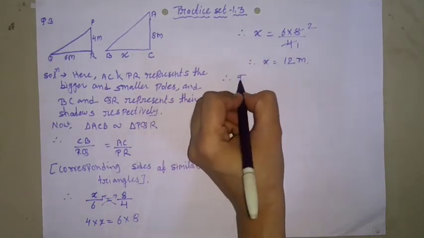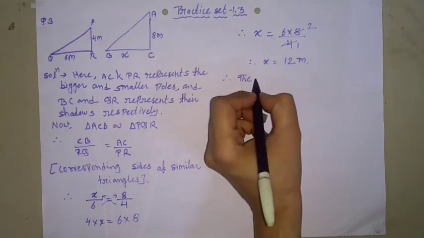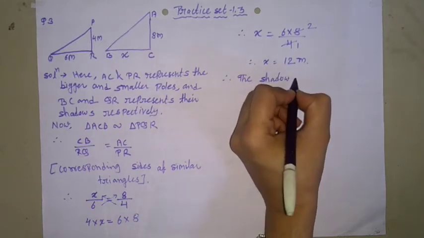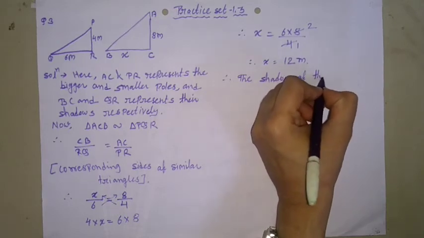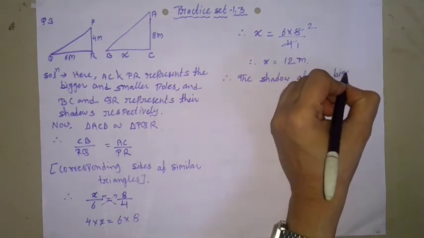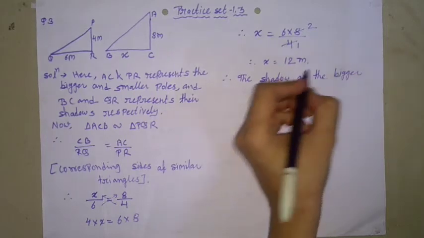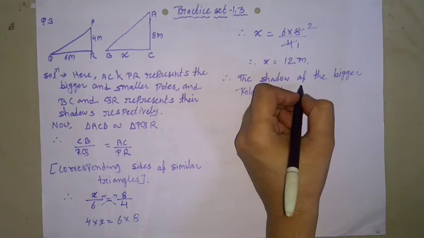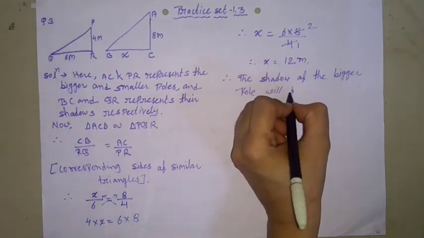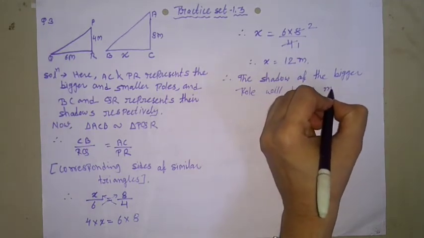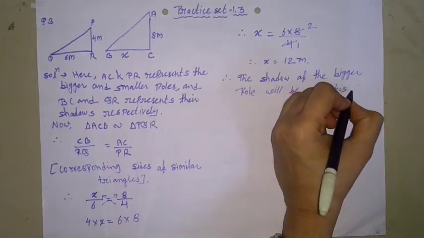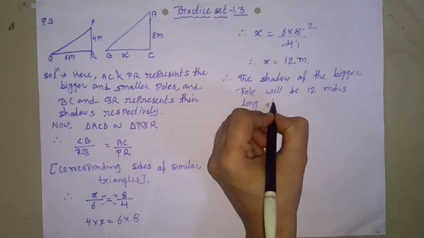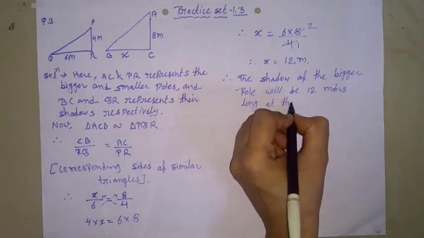Therefore, the shadow of the bigger pole will be 12 meters long at that time.